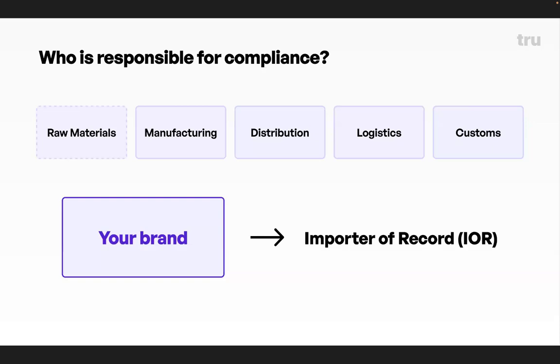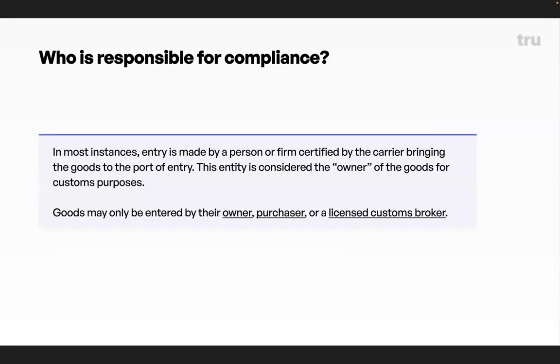And that's really why we're here today, is to bring awareness to that as well, is that in the world of customs, it's not only the importer of record, but it can actually be the owner, the purchaser, or the licensed customs broker who can enter the goods through customs, who can be responsible for making declarations and filing those documents. And so anyone in that chain could potentially be the person to be responsible.